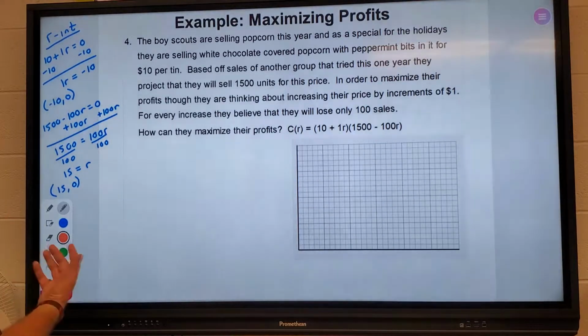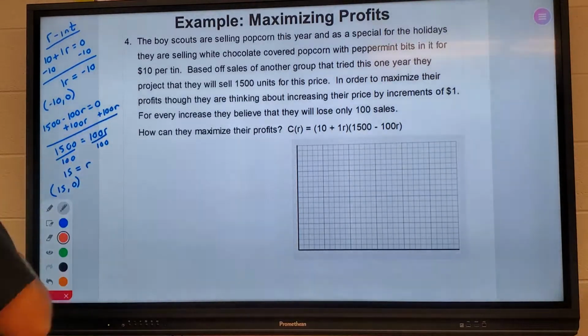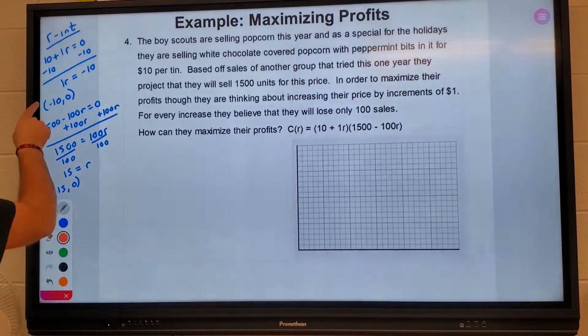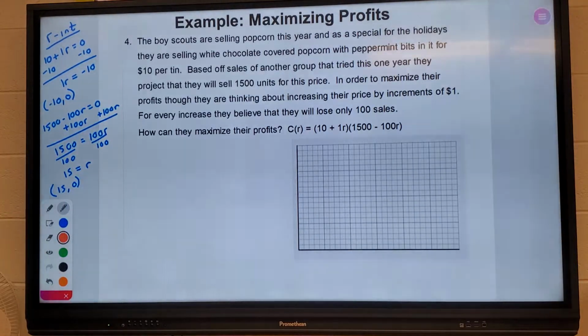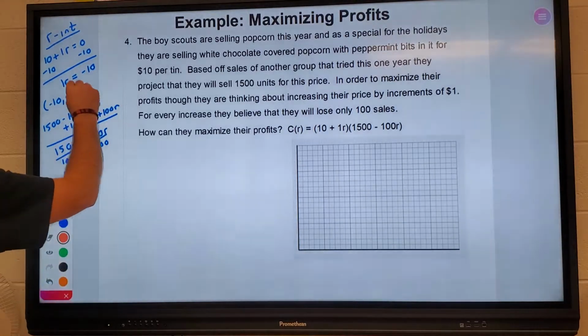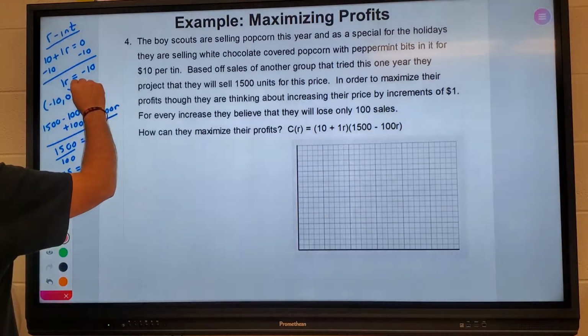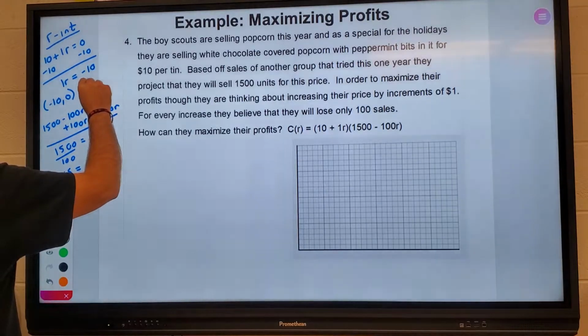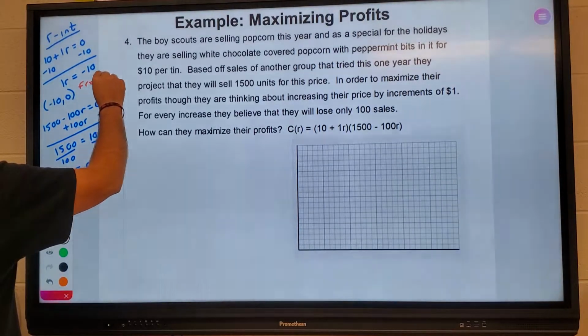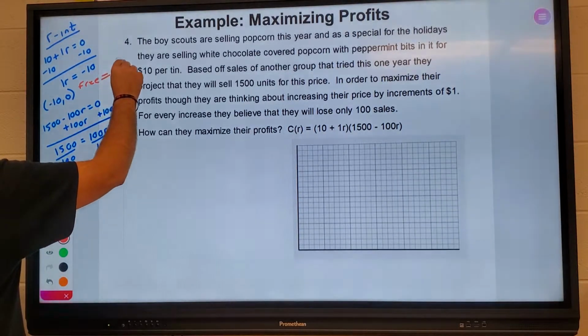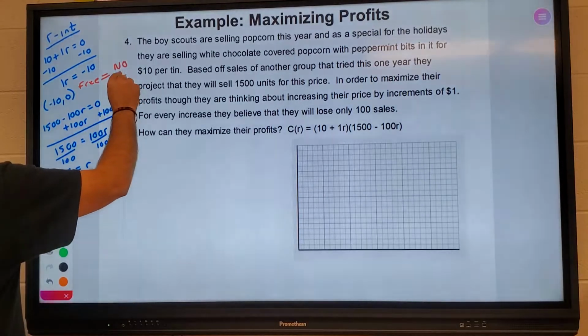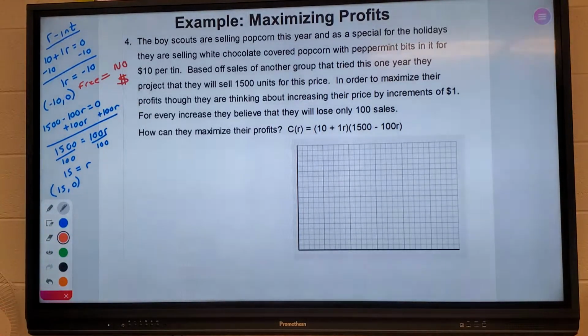Because if I'm originally charging only $10 per tin, if I reduce the cost by $10, I'm saying, hey, here you go, have some free popcorn. So this would mean that it is now free, and that equals no money. The whole idea of selling these things is to make some money. So if we're giving it to people for free, we're not making any money.